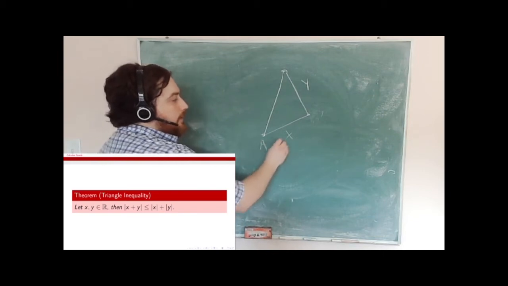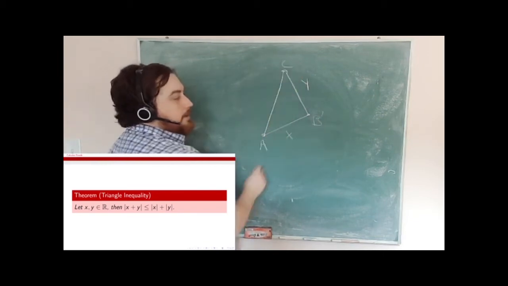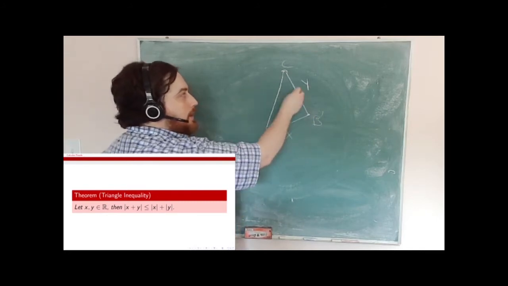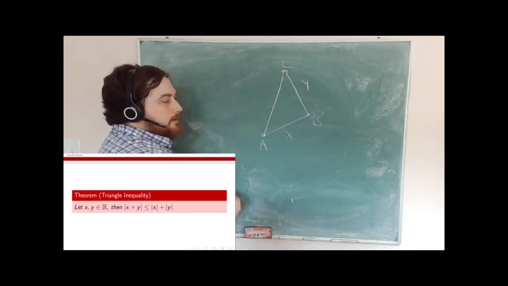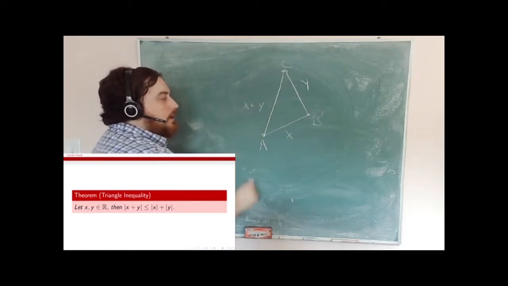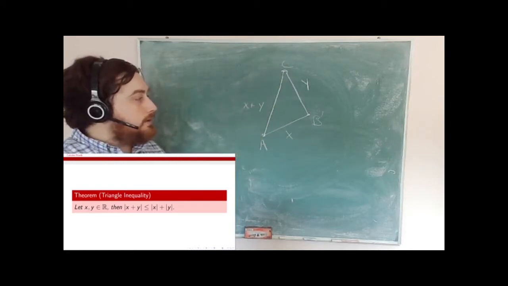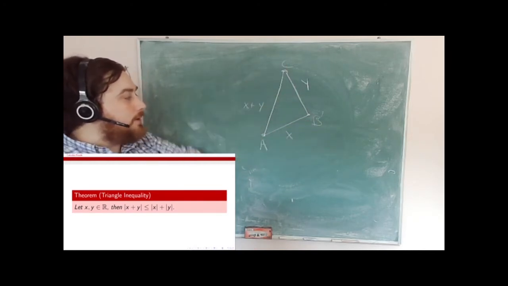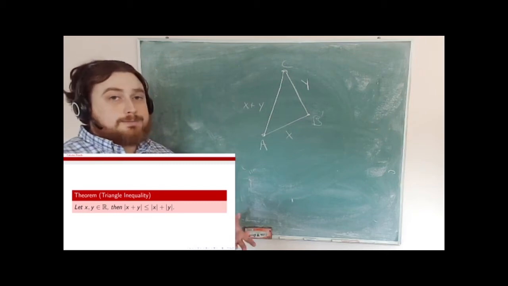So I end up with a triangle with points A, B, C. Moving from A to B to C takes longer than going directly from A to C, which would be my x plus y. Therefore, the absolute value of x plus y is always less than or equal to the absolute value of x plus the absolute value of y.